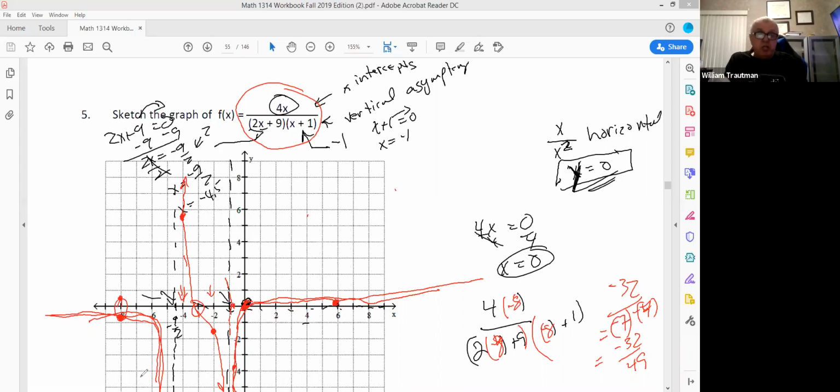Here, you just have to put a lot of test points. It might take 2 or 3 different test points for each area to be able to draw that picture. That's why I said these are not easy, just because you have to plug in several test points. All right, any questions? I know this is tough, especially when it's online like this.